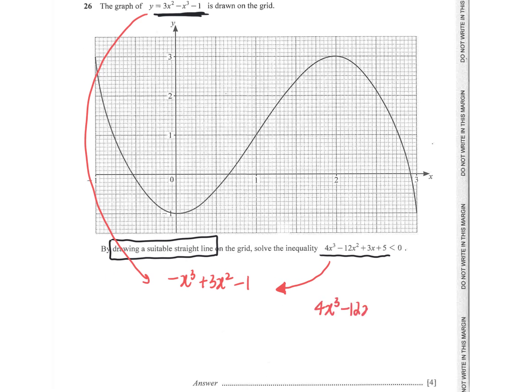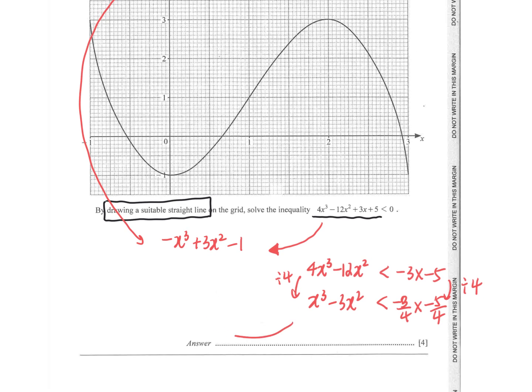So I keep these two here. Then I shift the 3x and the 5 over, because this one looks close to that. Okay? So what I need to do is I need to divide by 4 on both sides. So I get x cubed and 3x squared, then this is 3/4 and 5 over 4.